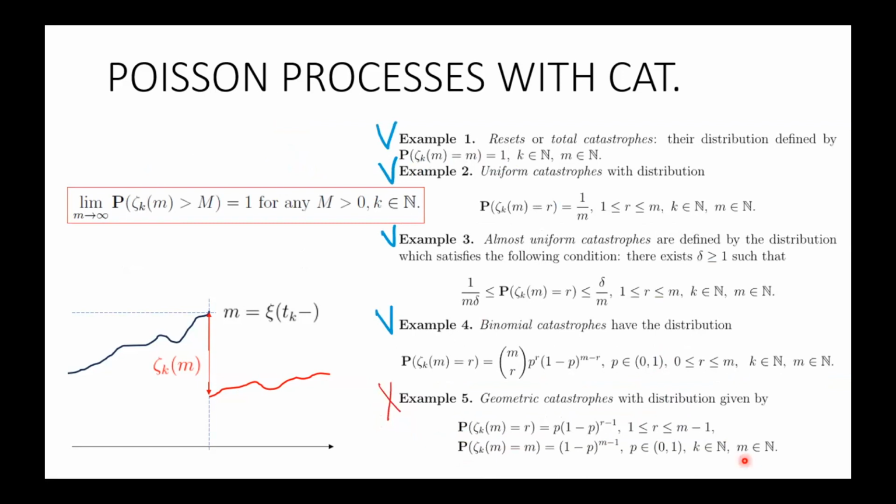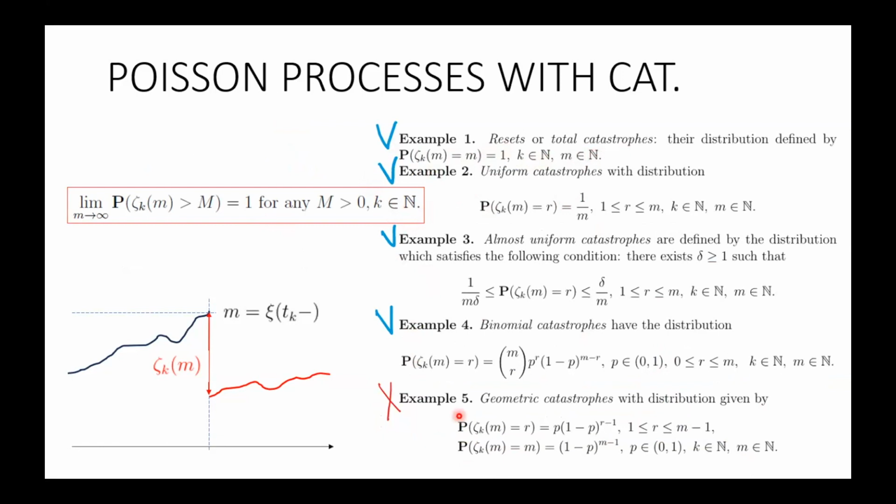Okay, so let's check this condition for the examples here. Total catastrophe, sure, it's okay. Uniform catastrophe, it's itself, so okay. Binomial catastrophe is okay too, it satisfies this equation.